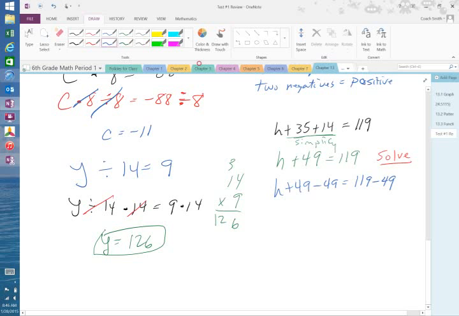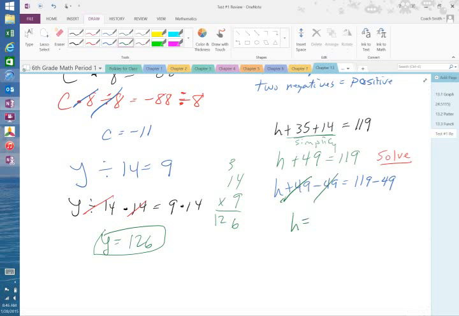On the left side of the equation, we have plus 49 minus 49. Those two things cancel each other out. On the right side of the equation, we have 119 minus 49.